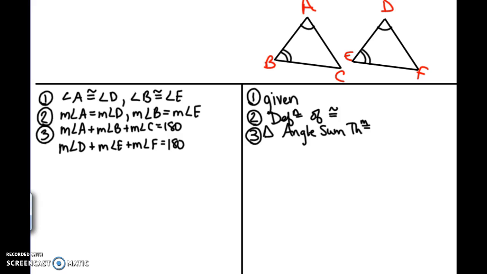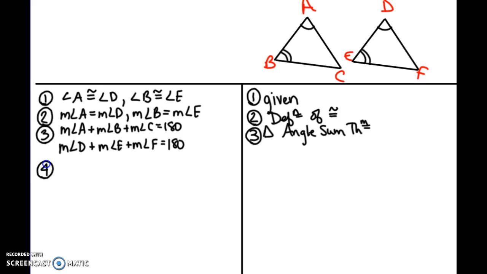For the next step, we need to look at our step 3, and you'll notice that there are two 180s being duplicated. In previous proofs, we have wanted to eliminate this 180 and take this piece, which is equal to 180, and replace it into this one. So that leads us to our next step.